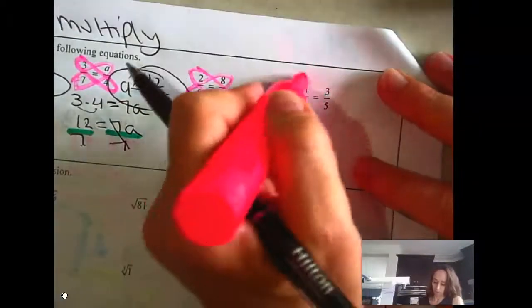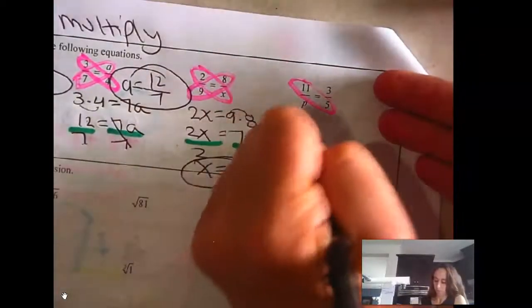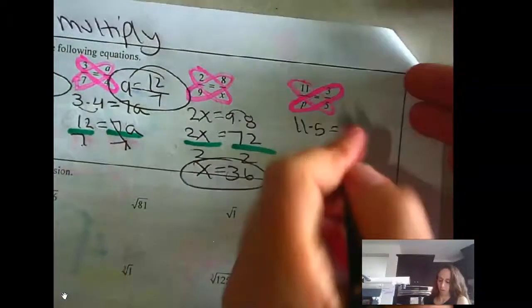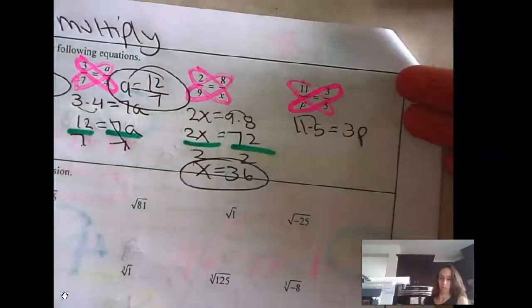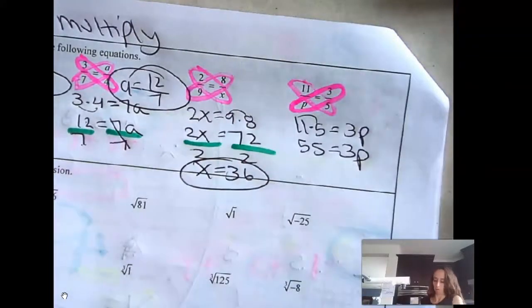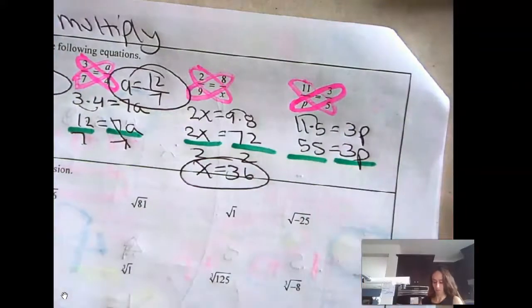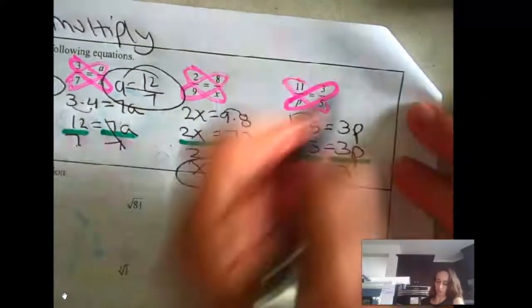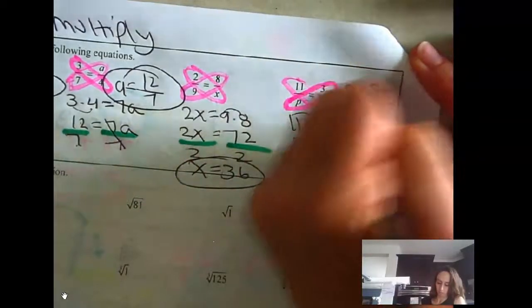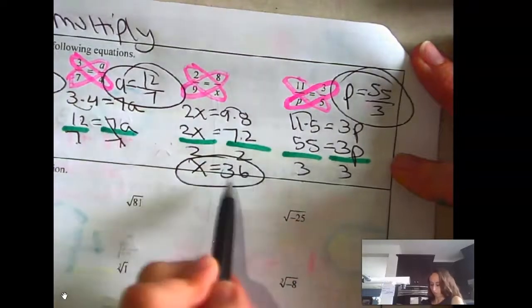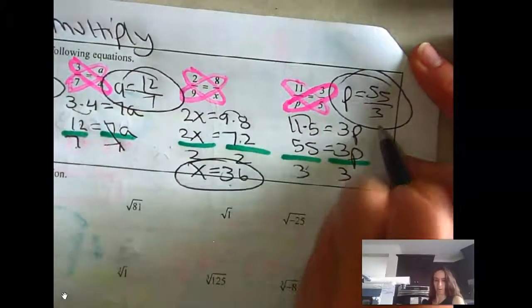All right, multiply. 11 times 5 equals 3p. 11 times 5. Divide, divide. 55 doesn't divide by 3, so p equals 55 over 3. If it does divide, do it. If it doesn't divide, keep it.